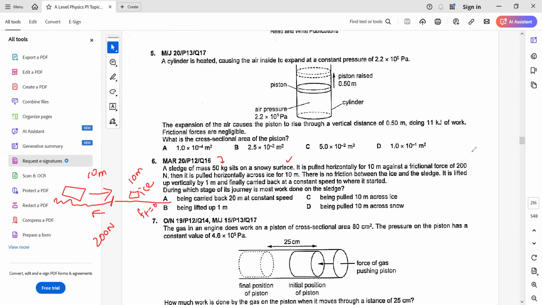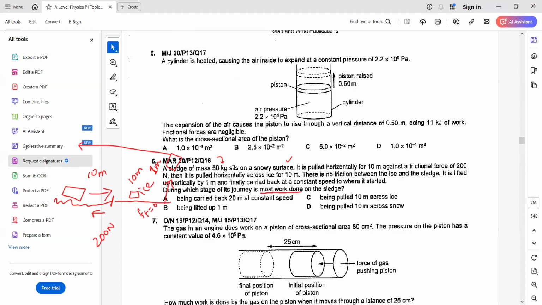And what else? It is lifted up vertically by 1 meter and finally carried back at a constant speed to where it started. During which stage of its journey is the most work done?